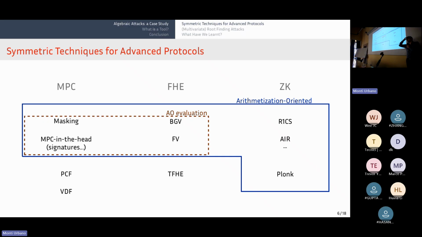It's the difference between primitives that are intended to have an efficient arithmetization of the evaluation, and the protocols where you care about the efficiency of the arithmetization of verification. So what's the difference? What I call evaluation is just: you know the input, x, and given x, you put x in some arithmetic circuit, you go through it, and you get y.